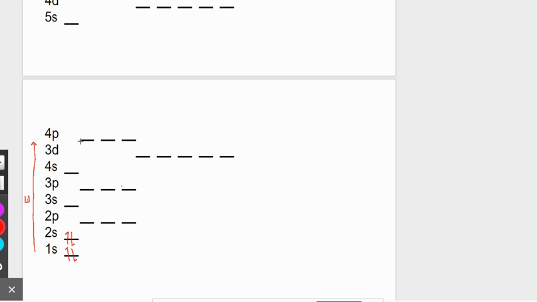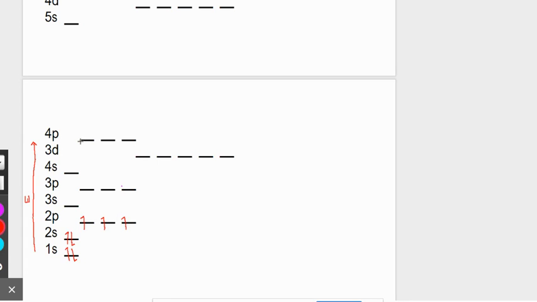So I just drew 4 arrows. That represents 4 electrons. I stopped because we have 3 possible orientations for the p orbitals, and I wanted to show you that I'm going to put 1 in each orientation before I pair them up. That will be really important when we get to bigger atoms or when we start talking about magnetism.